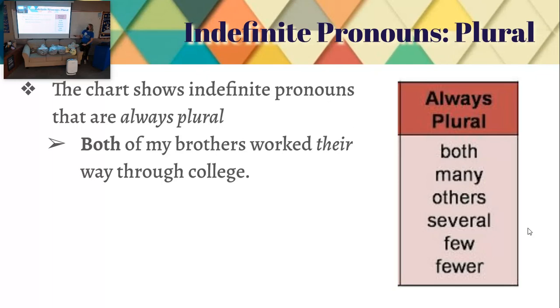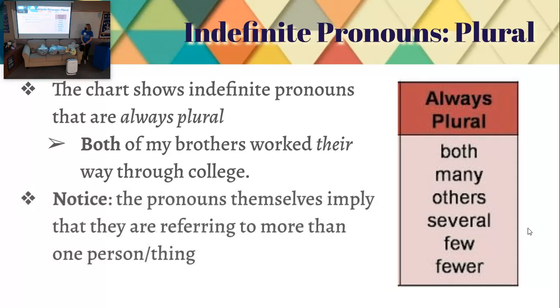Basically, we just know this is plural, it's the subject, which means if we use a pronoun later in the sentence, it should also be plural, because it's referring to this plural subject, both. Think so. Okay, and I already kind of said this. Just notice that the pronouns themselves kind of imply that they're plural.